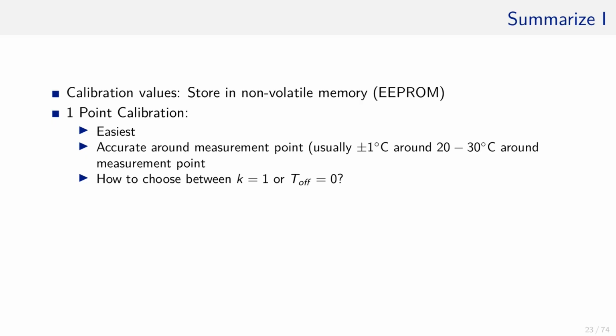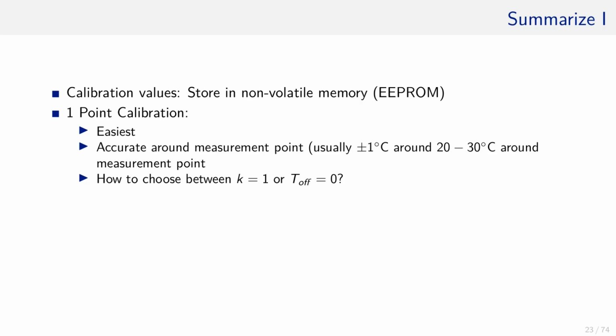By now, we know that the one-point calibration is the easiest. In general, it is said that in the range of 20 degrees around the measured point, the error is within 1 degree. It is not guaranteed though, and the closer you measure towards the calibration point, the higher is the accuracy.